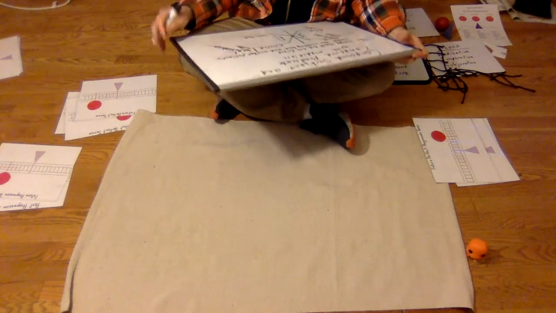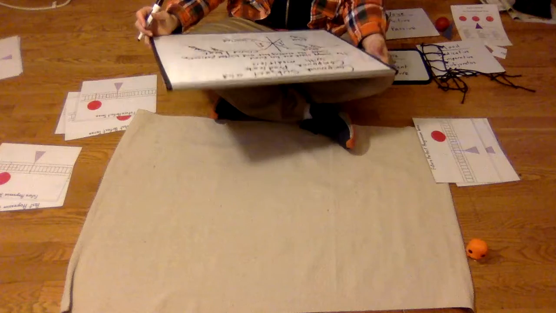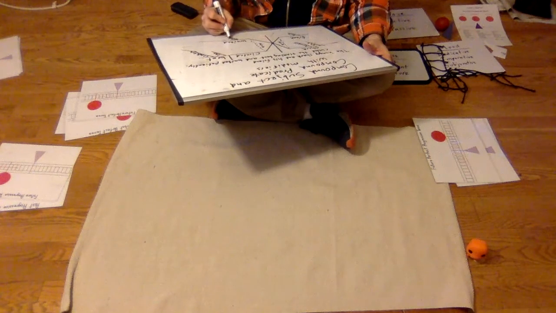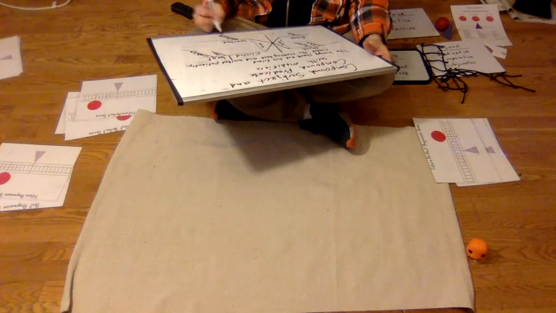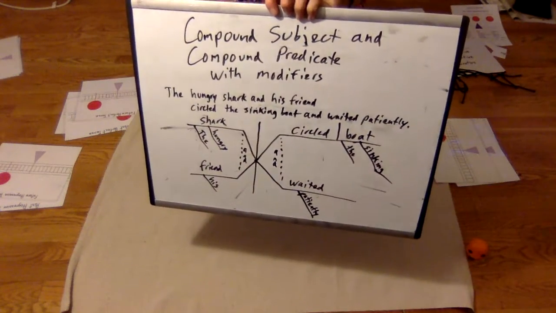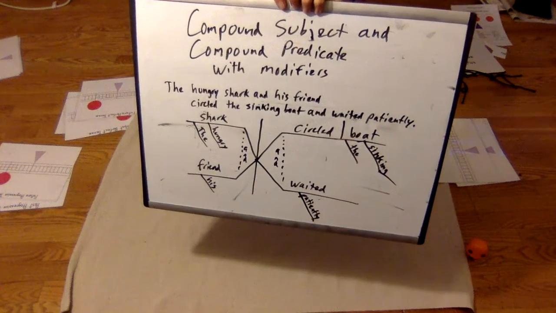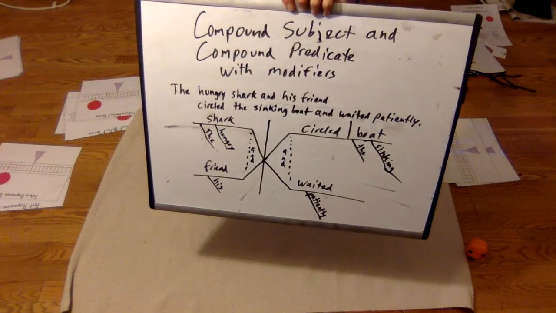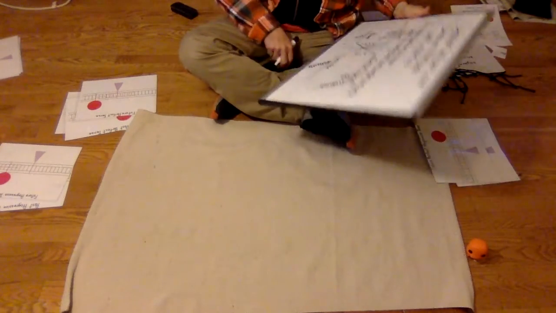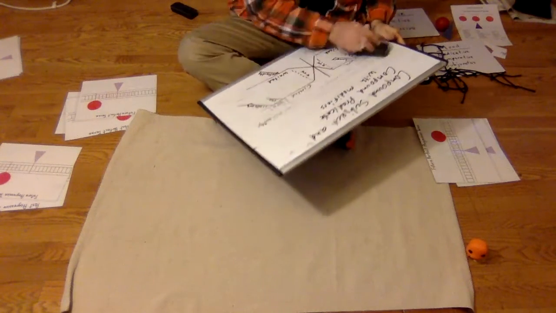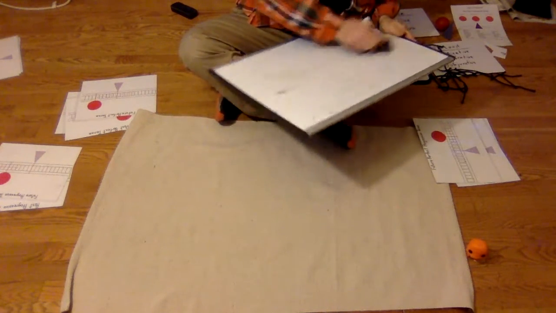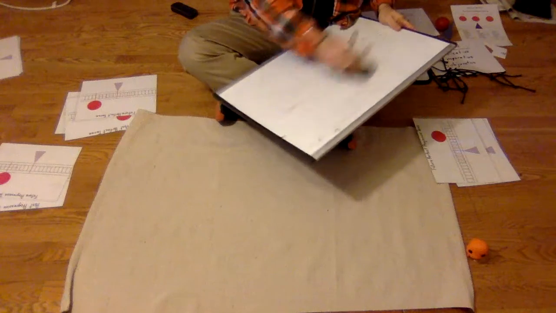Technically, I might want to make that a participle, but I can leave that as an adjective for now. And waited patiently. Patiently is an adverb. You always look for that ly. So compound subject and compound predicate with modifiers. The hungry shark and his friend circled the sinking boat and waited patiently. So those are just three fun little compound subject, compound predicate forms.